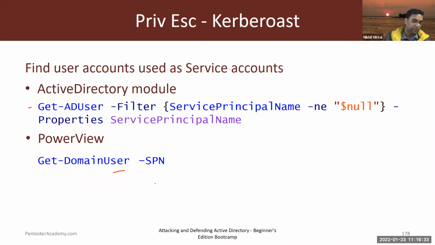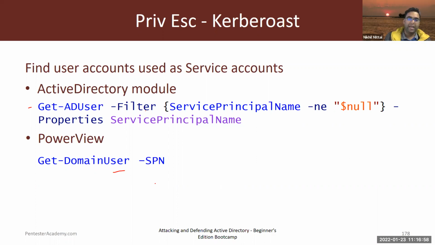This means, and this is very interesting, that any account that has the service principal name property not null is treated as a service account by the KDC, and we can go ahead and request a TGS for it. There is absolutely no need that any such account is actually used to run a service on a machine.